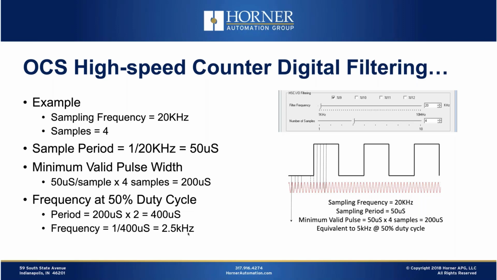So what this means is I've configured this filter to filter out pretty much all the high frequencies above 2.5K. So I won't have to worry about some 75K or 200K spurious pulse coming in and disturbing my count or my application.